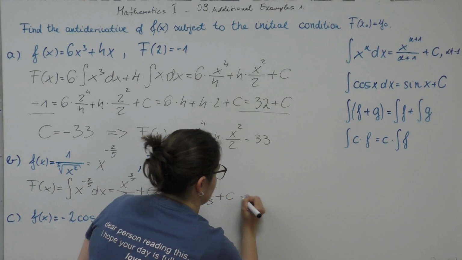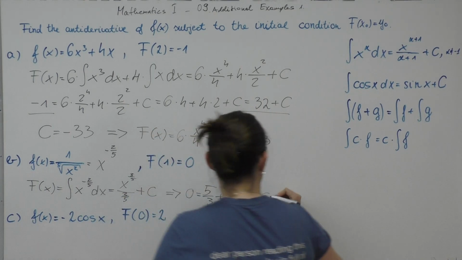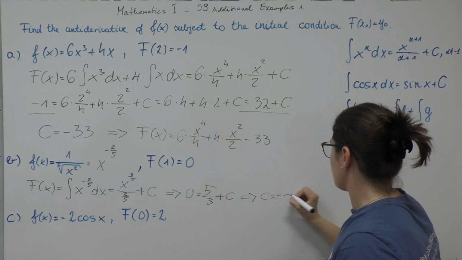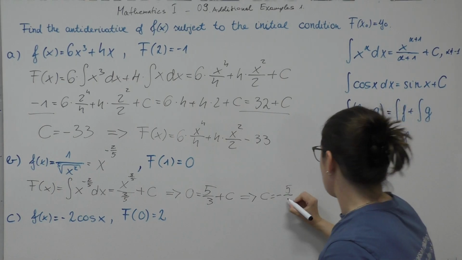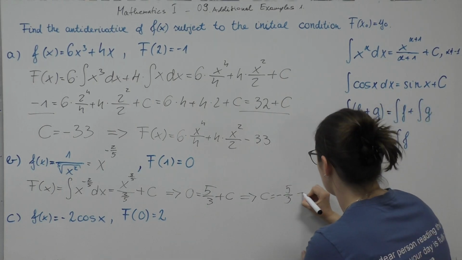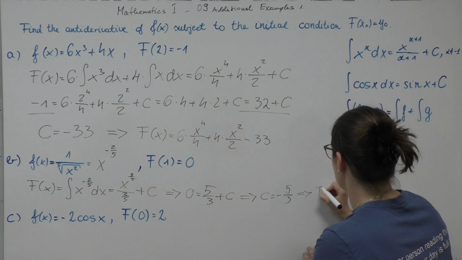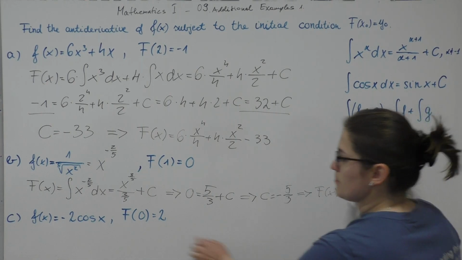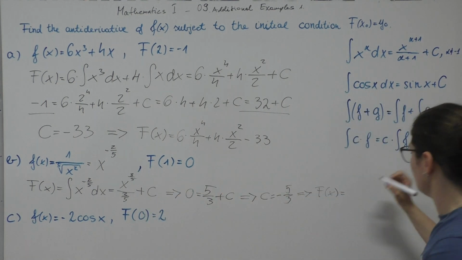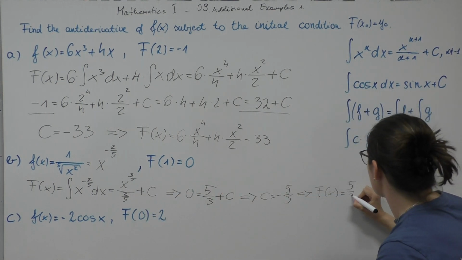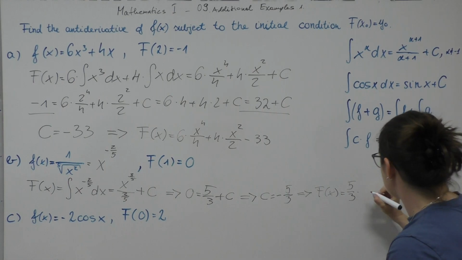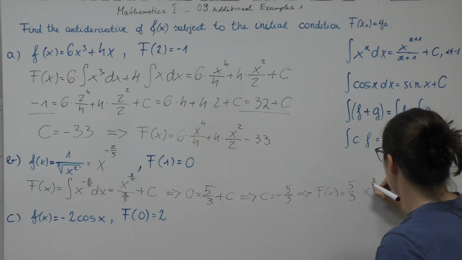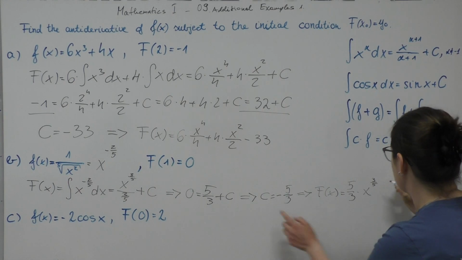From this, it's clear that c is gonna be -5 over 3. So from this, we know that capital F of x is gonna be, based on this form, 5 over 3 times x to the 3/5 minus 5 over 3.